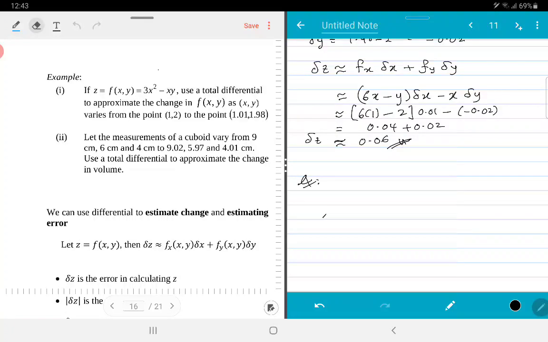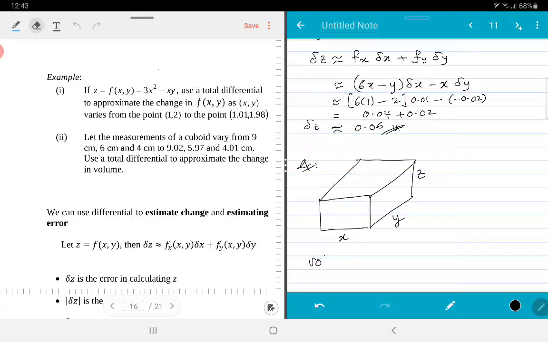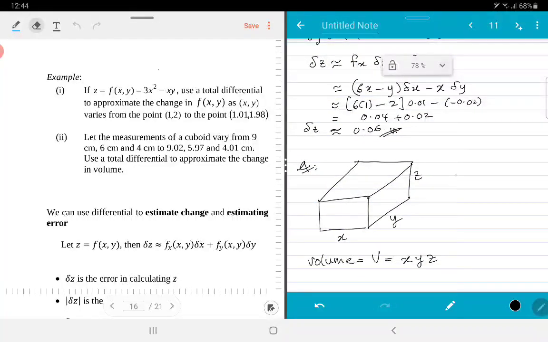Let's say here we have a cuboid. I'm going to use x, y, and z. Let's say this is x, y, and the height is z. The volume of a cuboid, let's call it v, is equal to the width times the length times the height. Let's say x is equal to 9 centimeters, y is 6 centimeters, and z is 4 centimeters.